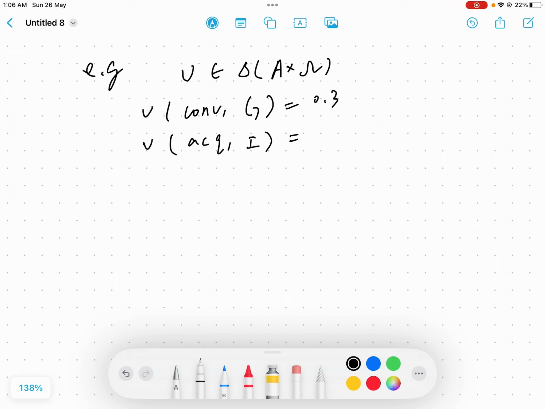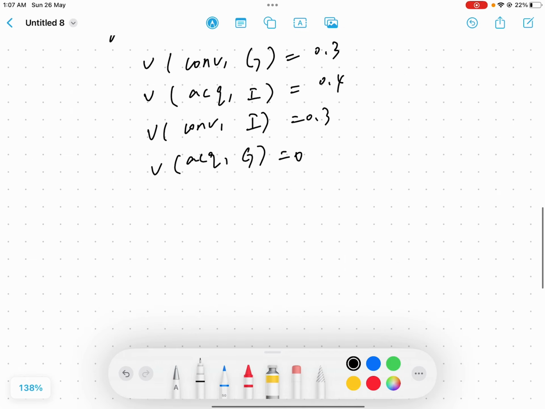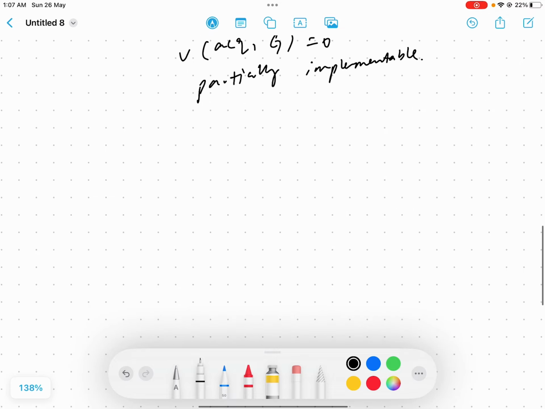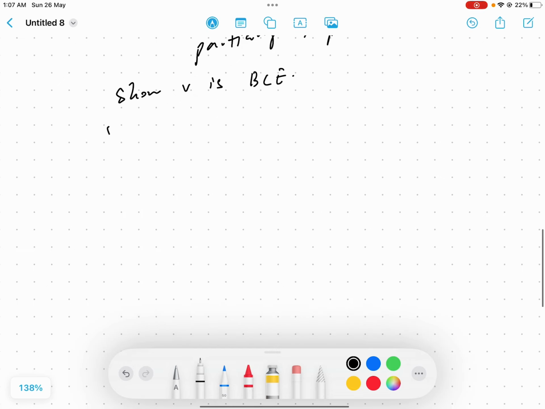And V of acquit given I is 0.4, V of convict given I is 0.3, and V of acquit given G is 0. This is partially implementable, and we show that this V is BCE.